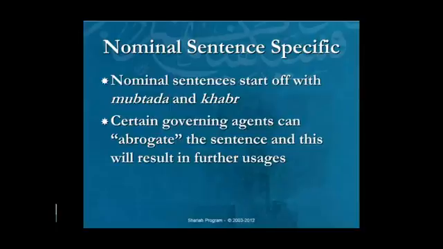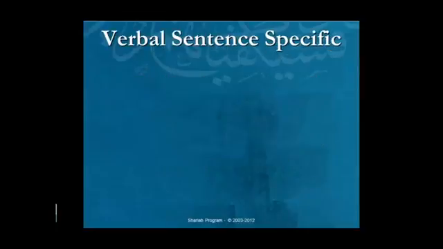Okay, so this is what happens. This is why the number is large in consideration of the nominal sentence. So we start off with the earlier 2 of mubtada and khabar, and then the governing agents that can come at the front of the nominal sentence will create further usages. And again, we're going to come back to this towards the end of the presentation.